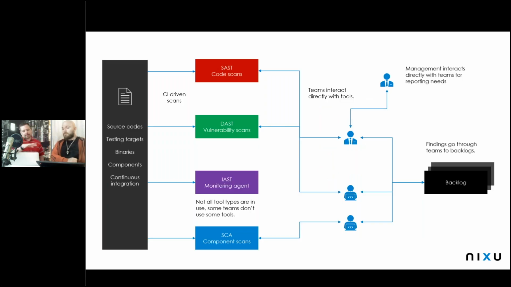So this is a typical case where on the left you have your source code and binaries, your test environments and whatnot, so basically your development environments. And you can plug in different scanners there using your continuous integration system. For example, for code scanning, you can have the continuous integration system send the code over to a code scanner.